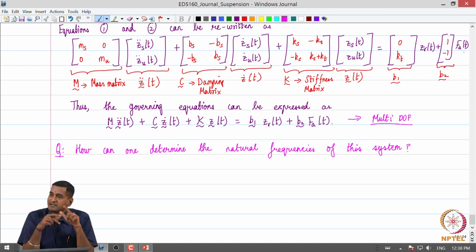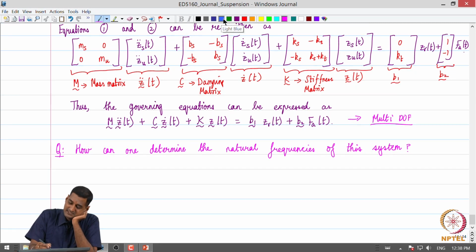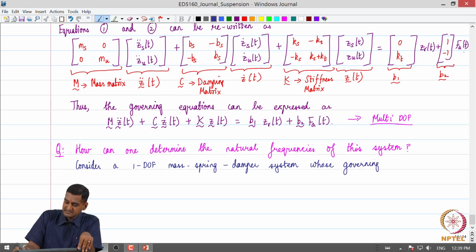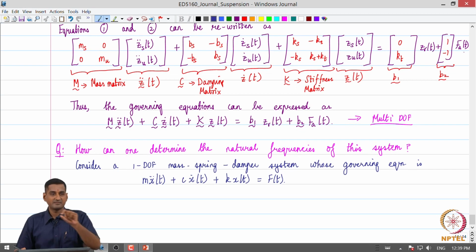If we look at a simple 1 degree of freedom spring mass damper system, that all of us are familiar with, whose governing equation is given by, let us say, m x double dot of t plus c x dot of t plus k x of t equals some f of t, where x is the 1 degree of freedom, some displacement.